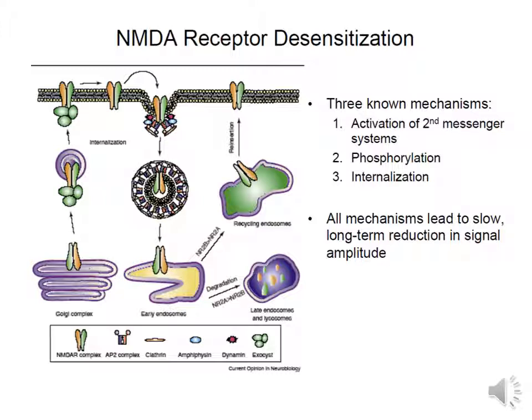We're not going to discuss that, but those are very complex, and may include other G protein coupled receptor proteins to mediate the desensitization of the NMDA receptors. Overall, all these mechanisms lead to a slow and long-term reduction in signal amplitude of the NMDA receptors, and this is also very important to mediate synaptic plasticity.